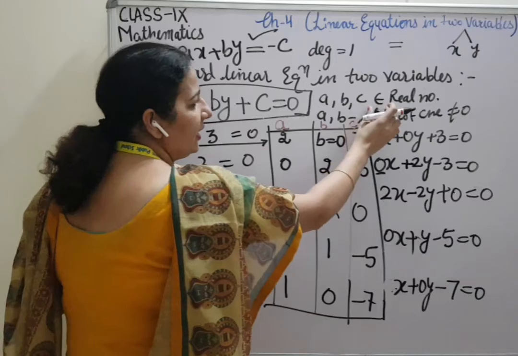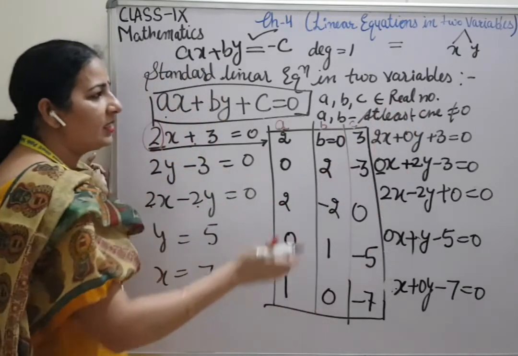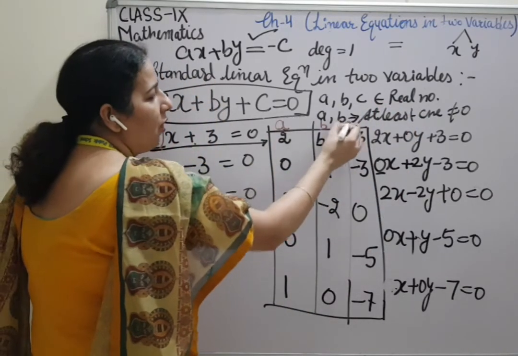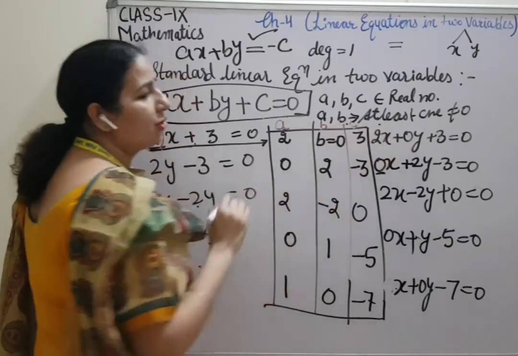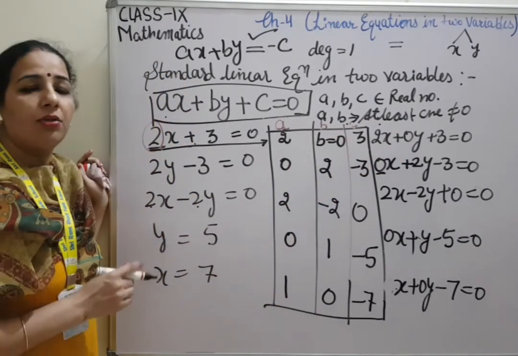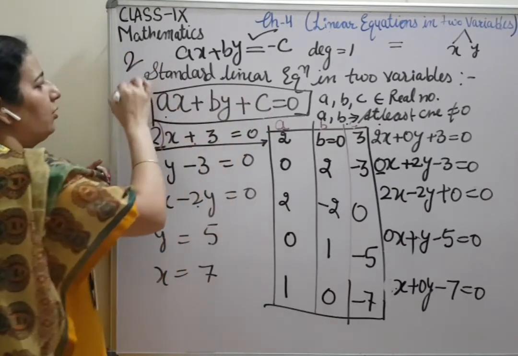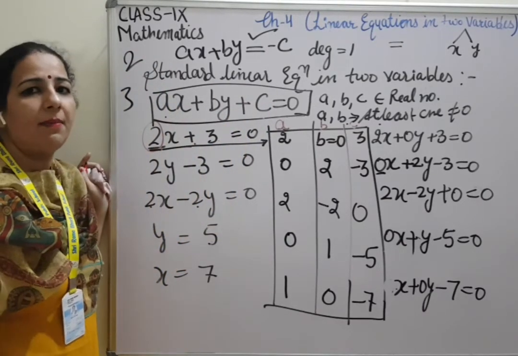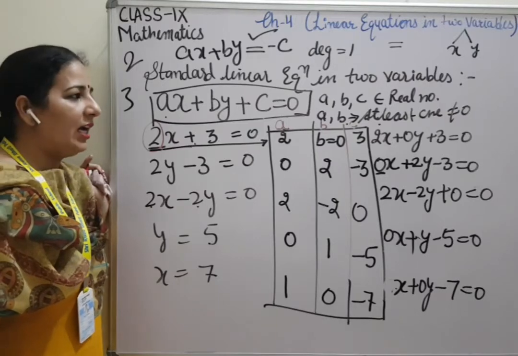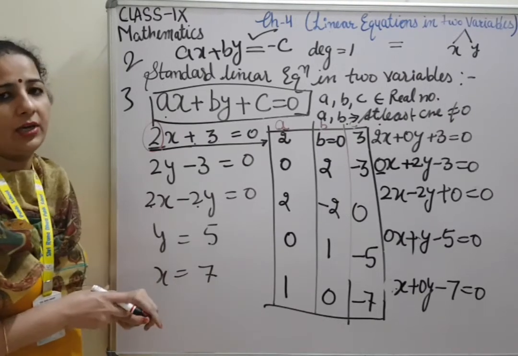A, B, C, they all are real numbers, and from A and B at least one should be not equal to 0. Because if both become 0, it will reduce to a number like 2, 3. The equation will become a normal number. So at least one should be not equal to 0.